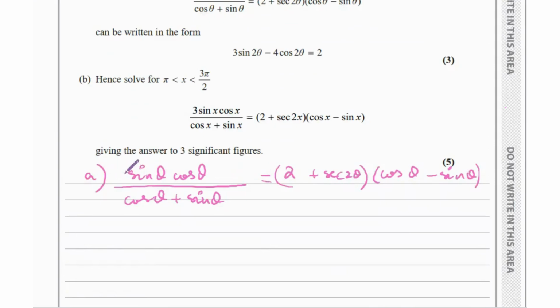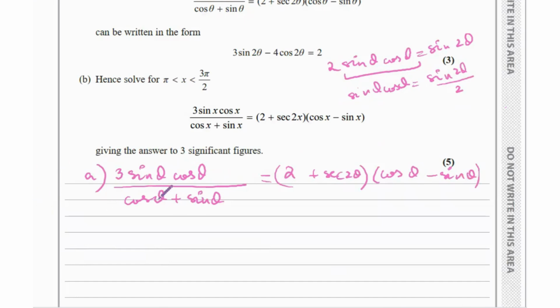But since there's no 2 being multiplied over here, we're going to write half of sine 2 theta. Sine theta cos theta, twice of this equals sine 2 theta. But since we only have sine theta cos theta, it becomes sine theta cos theta equals half of sine 2 theta. So the numerator gets replaced by 3 times sine 2 theta over 2.